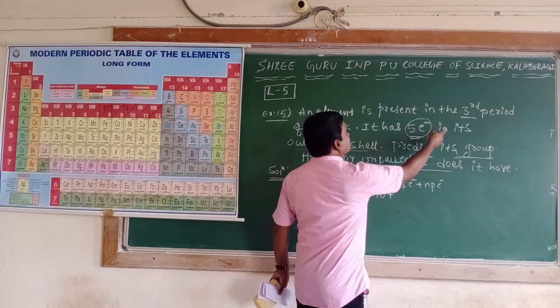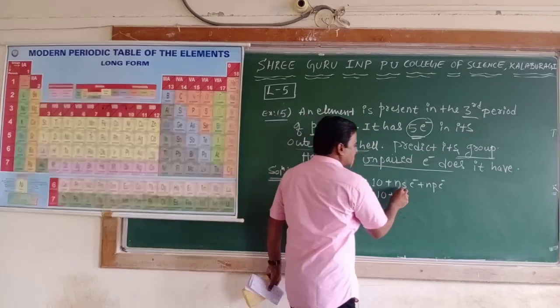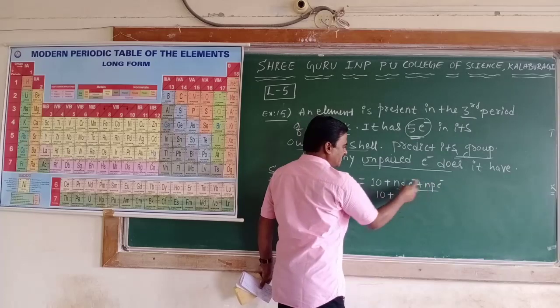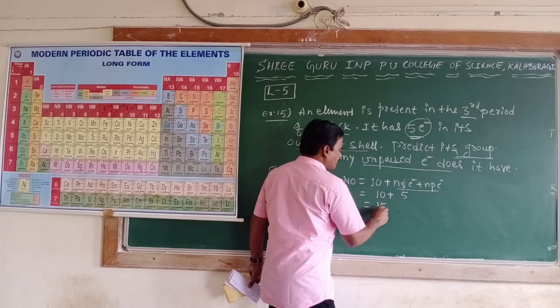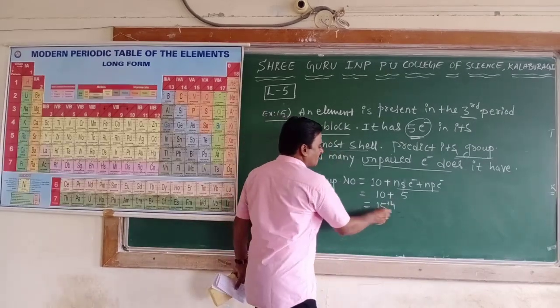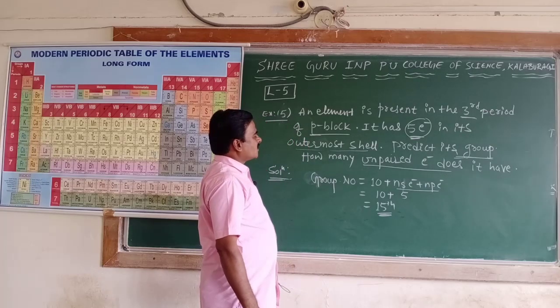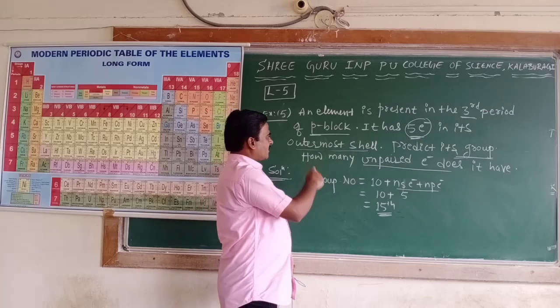Altogether they have given 5 electrons in the outermost shell, so ns plus np together is 5. Therefore it belongs to the 15th group.